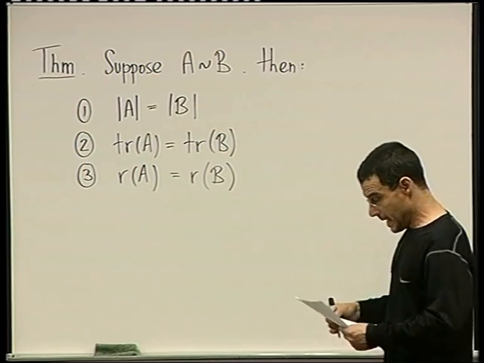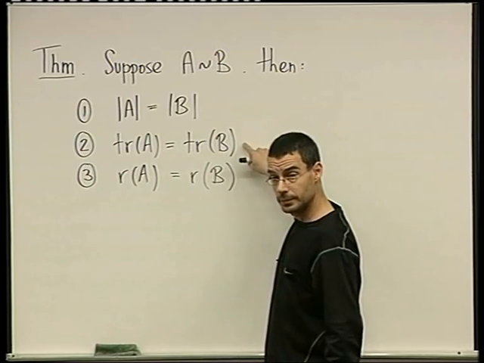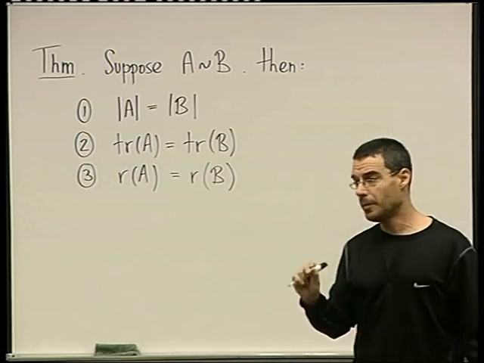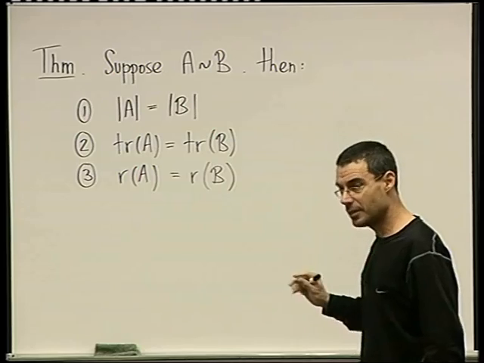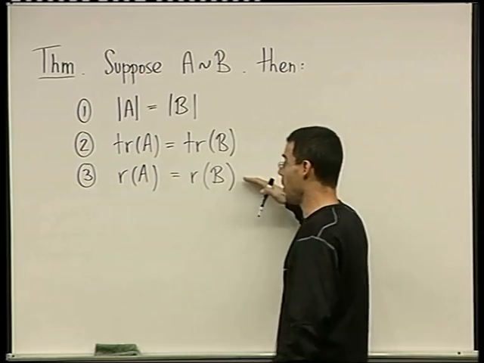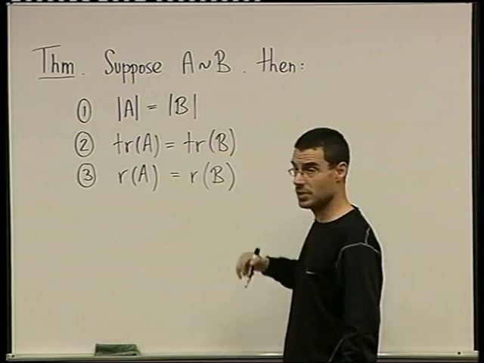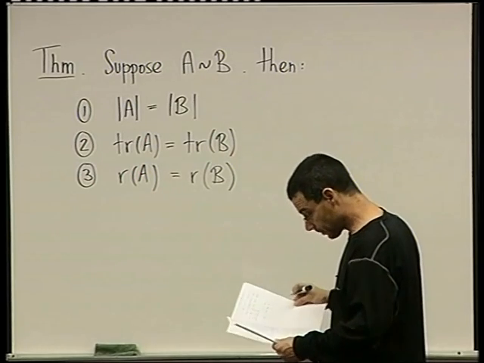Okay? What I want to do is prove 1 and 2. I'm not going to prove 3. It requires some additional, let's say, lemmas, some properties that we haven't discussed and that would take us a bit off track, and I don't want to do it right now. Okay? But it is still a valid theorem. So I want to prove 1 and 2.